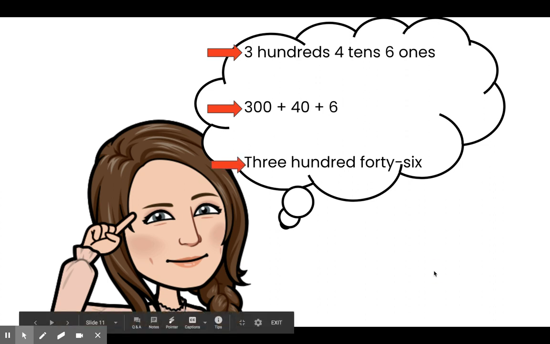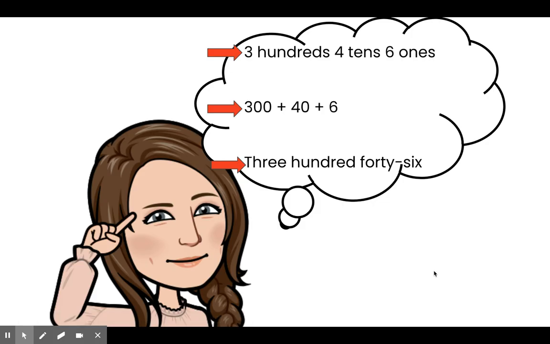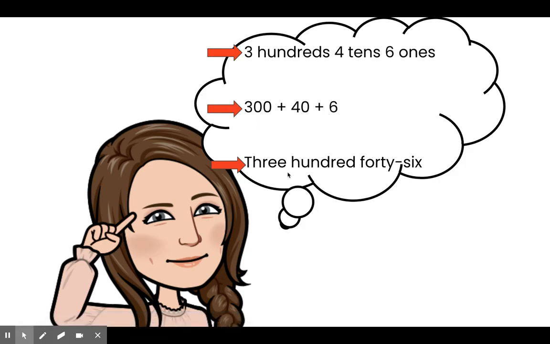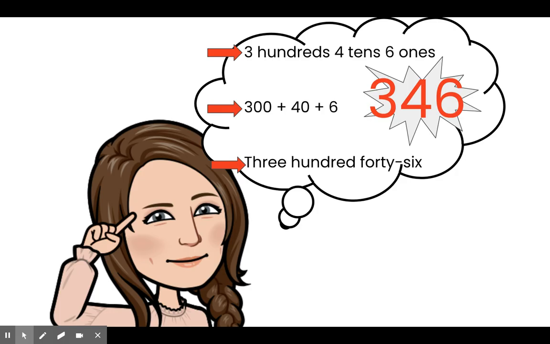We can even write numbers in word form, where we use all words to represent the number. 346: 3 hundreds, 4 tens, 6 ones, 300 plus 40 plus 6, and 346 are all different ways to represent the same number, 346. When you see numbers written in unit form, expanded form, or word form, you can always think of that number in standard form. That will help you compare numbers.